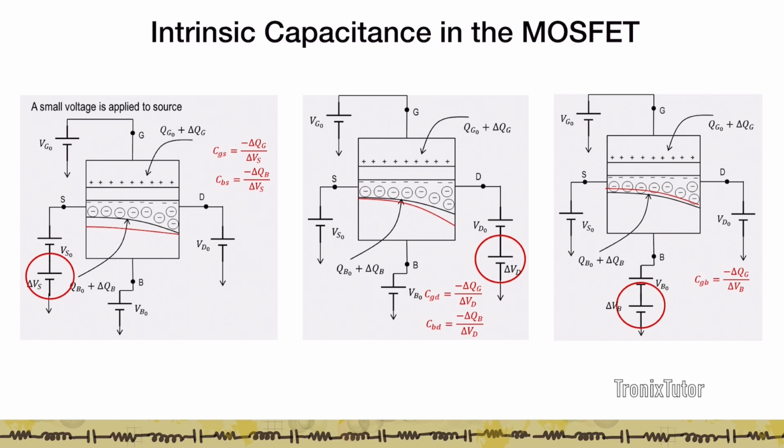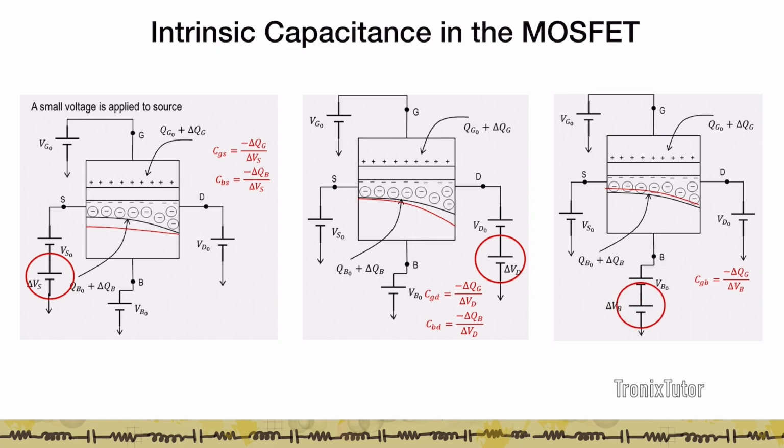Let's look at the 3 cases for the capacitance. The first case is what happens when the source voltage wiggles. The second case is when the drain voltage wiggles, and the third case is when the substrate bias wiggles.